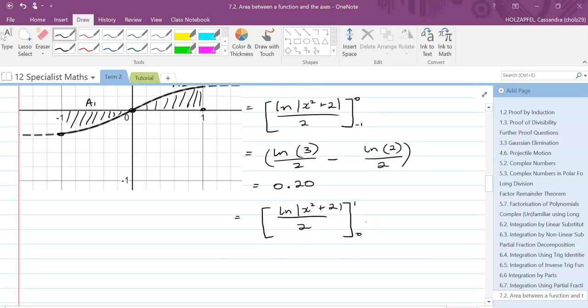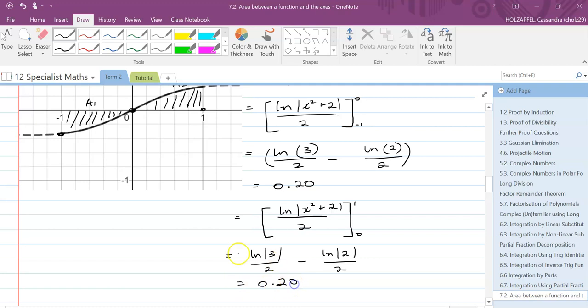Now this time I am going to put them in the correct order, so this is going to become ln of 1² which is 1, plus 2, so that's going to be ln of 3 over 2. Take away ln of 0² is 0, plus 2 is going to make 2 over 2. We just did this calculation, so we know this calculation is also going to be equal to 0.2.